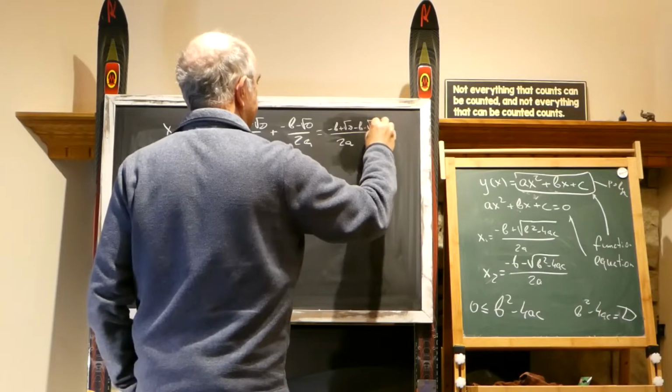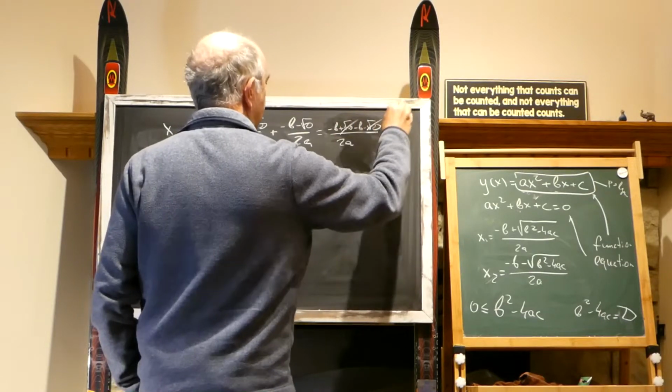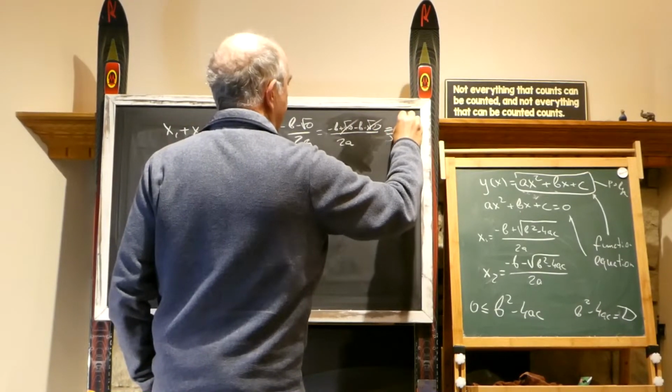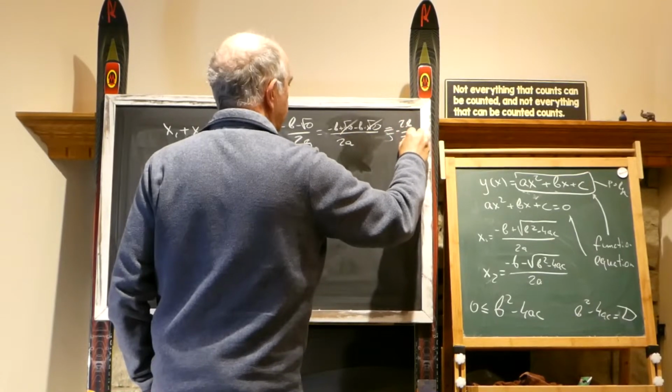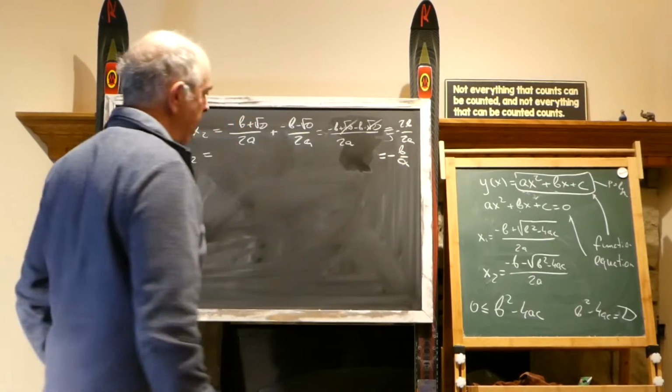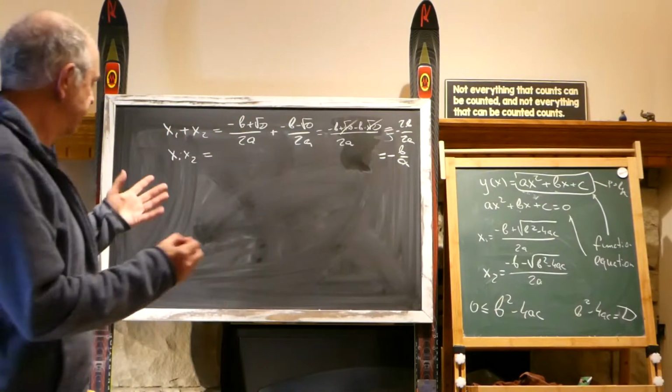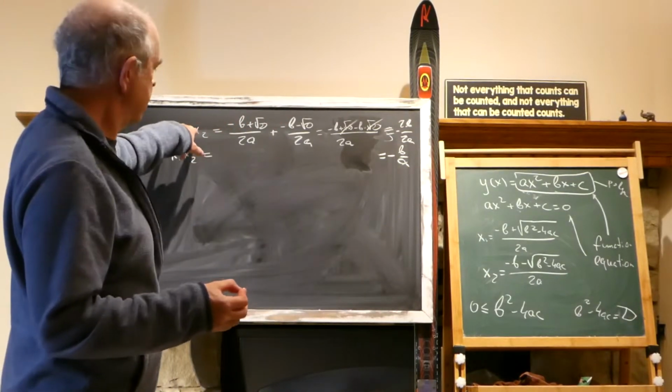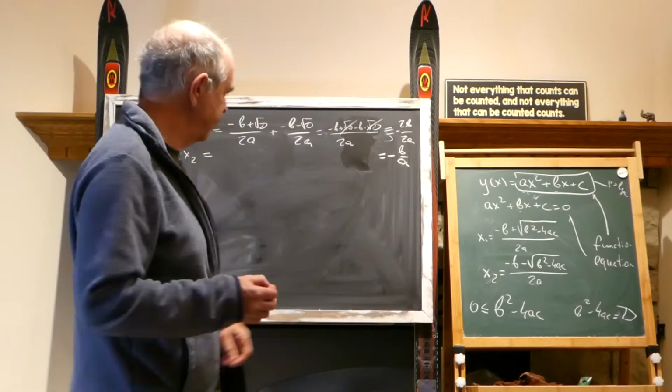And those two are gone, and so we have minus 2b over 2a, and we have minus b over a. Remarkable fact, if you want, those are always this.